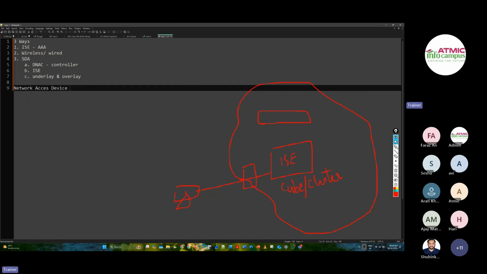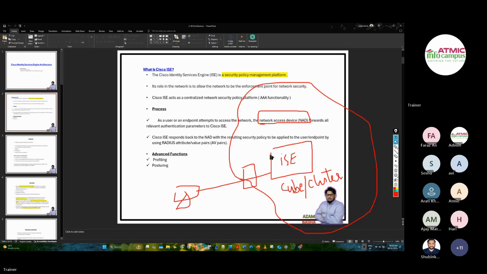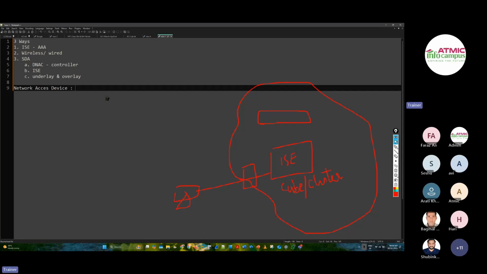Does anyone know what a network access device is? Any idea? A switch, WLC, router, switch. Great, we have a very interactive audience today. Switch, wireless controller, router.